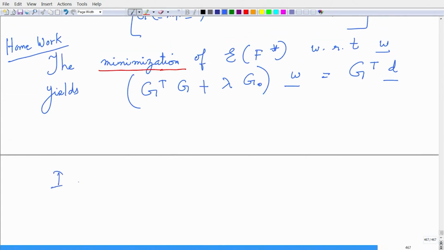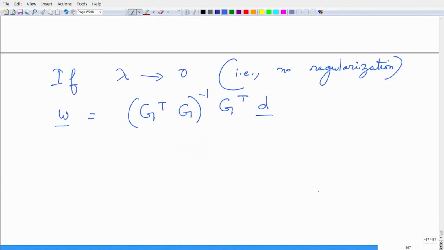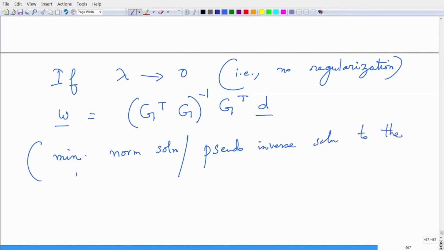So, if lambda heads to 0, that is no regularization, then my w is basically the inverse of G transposed G, times G transposed this vector d, which is nothing but the minimum norm solution or the pseudo inverse to the least squares problem.